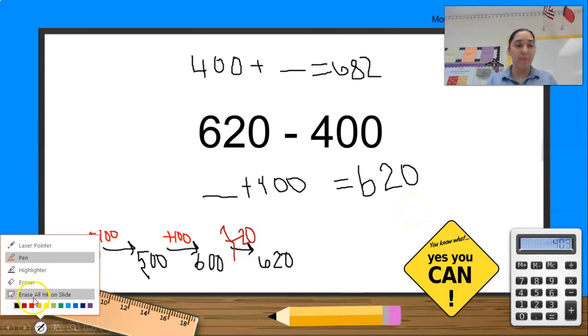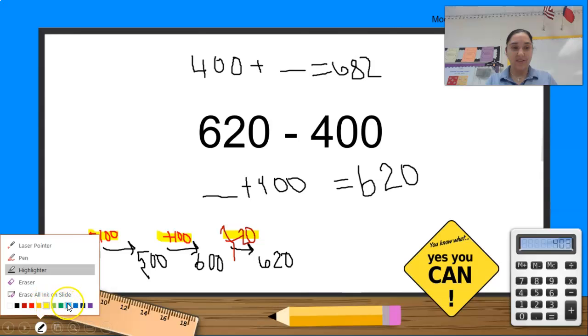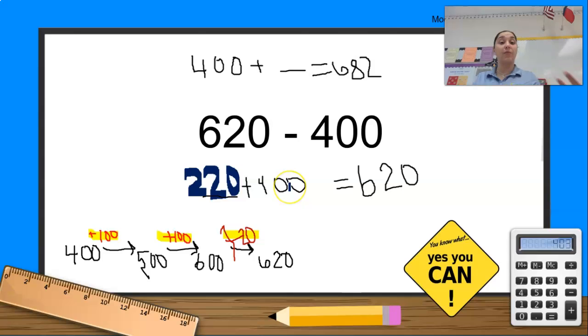So here is the important part, boys and girls. We have to add these parts because that's the missing part. So what's 100 plus 100 plus 20? Yes, boys and girls, it's 220. So we know that 220 plus 400 gives us 620. This is the count on strategy using the arrow.